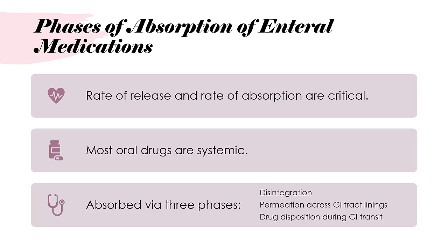Absorption of oral medications involves at least 3 distinct phases: disintegration, or releasing the drug, or dissolution of the drug product in the body's fluids; permeation of the drug across the GI linings into the systemic circulation; and then disposition during GI transit, GI stability, motility, and metabolism.